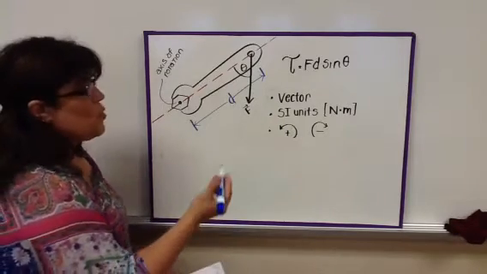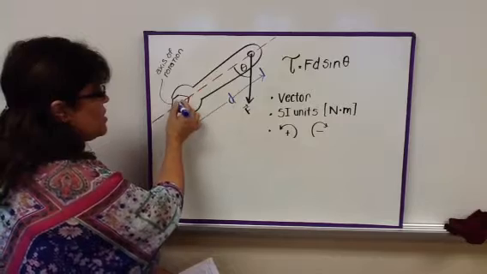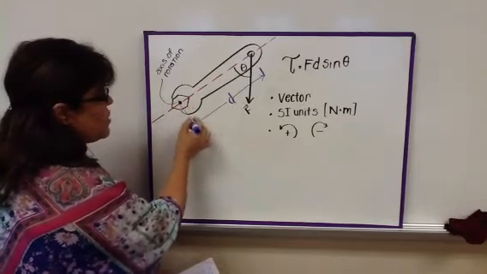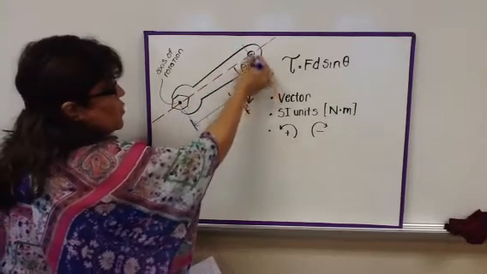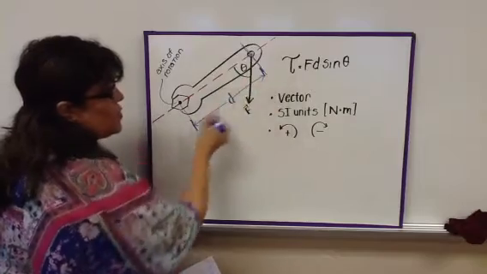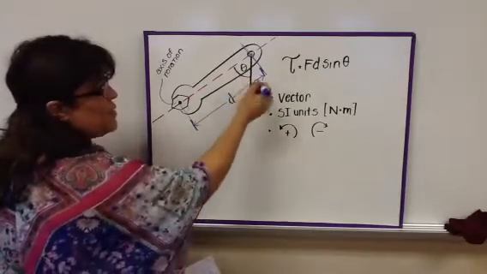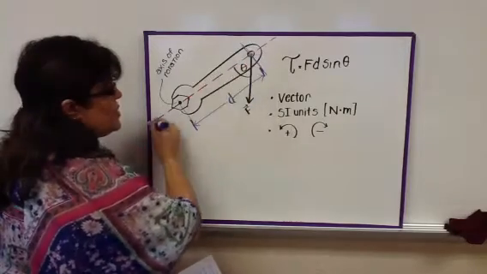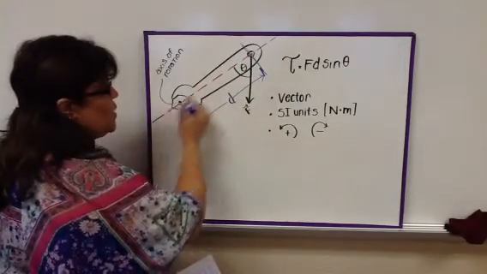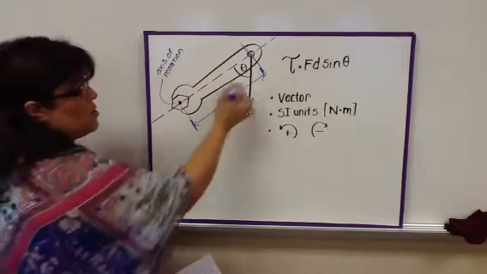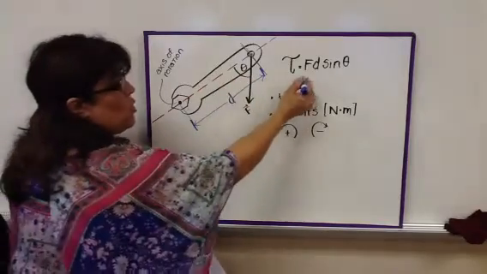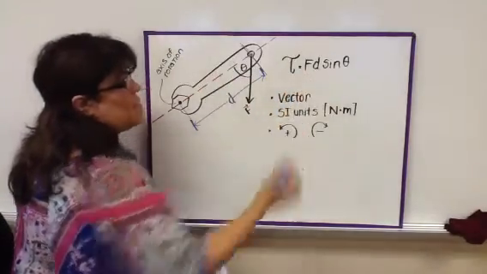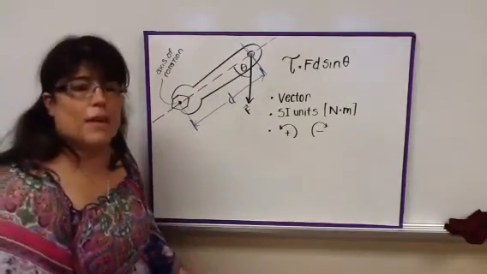The distance, or the lever arm, is going to be the distance from the axis of rotation to where the force is applied. So this is our d. The theta, once again, is the angle from the force to this axis that goes through the axis of rotation. So this is your theta. Torque is force times distance times sine theta.